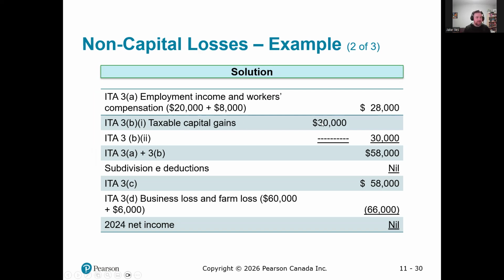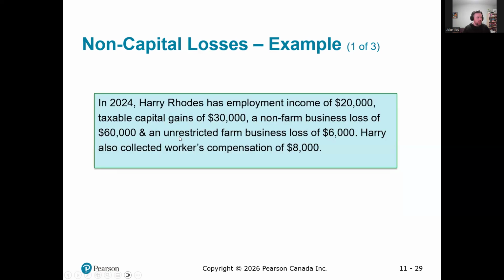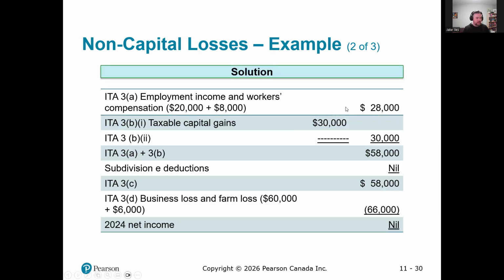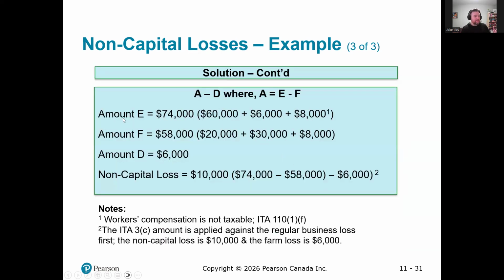We had taxable capital gains of 30,000. We're not told of any allowable capital losses, so we'll ignore that for now. Our total income is $58,000. From our business losses, we had $66,000 of losses between our business and farm. So our 58,000 will subtract 66. We have excess losses.